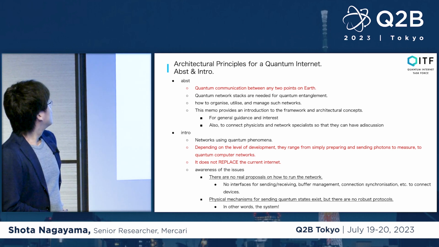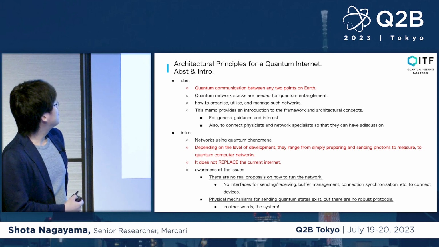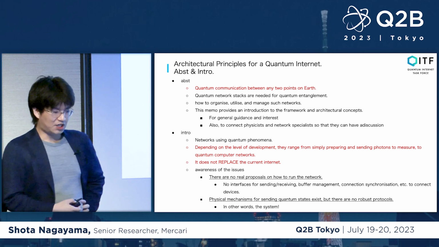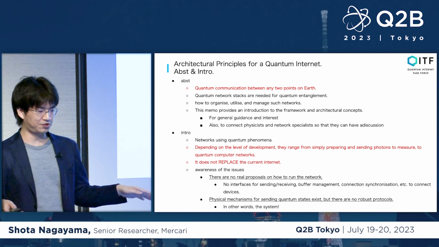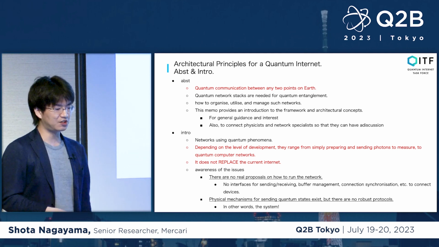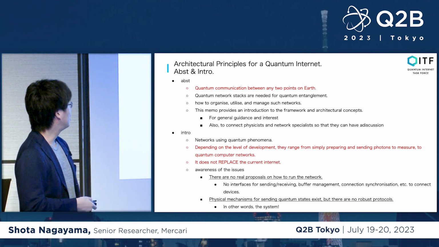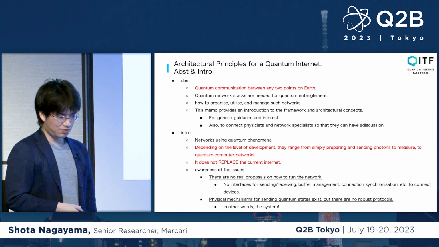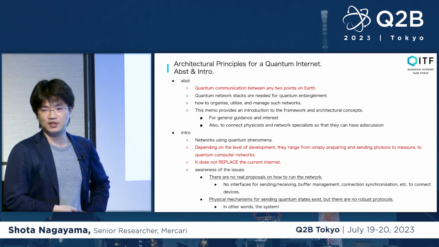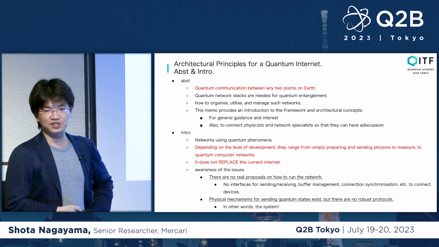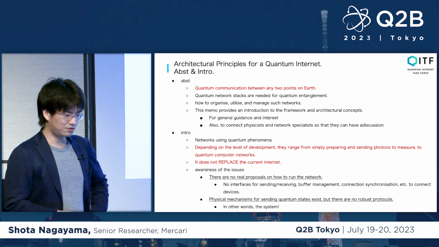The quantum internet is currently gathering interest and attention. Quantum internet means that using quantum data, we can connect any two points on Earth. Having said that, a quantum internet mechanism is not yet present. It is only limited to the physics area.